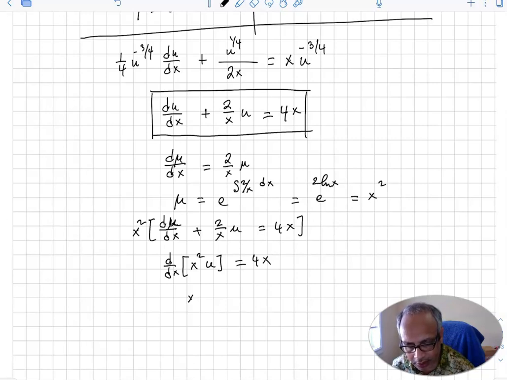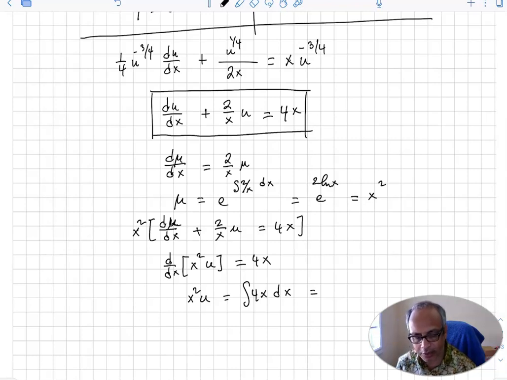So if you integrate it, x squared u equals the integral of 4x cubed dx, and if you integrate, you get x to the power 4 plus c.